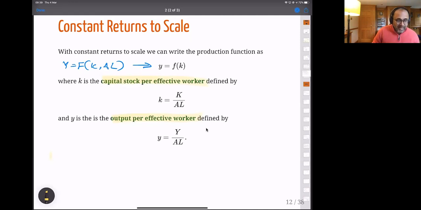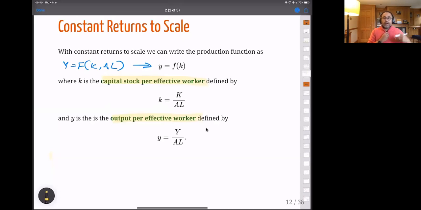So think about what that is saying. That is saying that the more capital intensive the firm is, the higher the output of that firm would be per effective worker. If you have constant returns to scale, that means scale doesn't matter, which means whether you're talking about the firm or the economy, it is exactly the same thing.